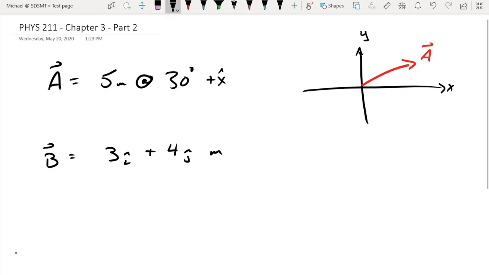And then vector B has components along the x and y directions, 3 and 4 specifically.